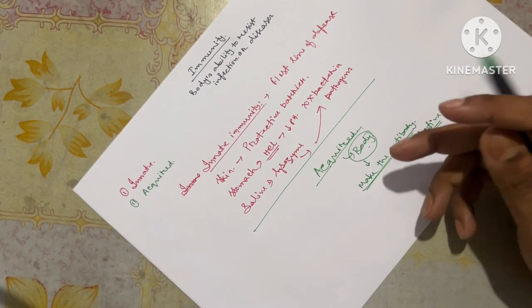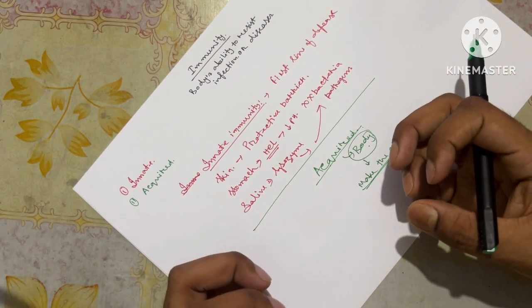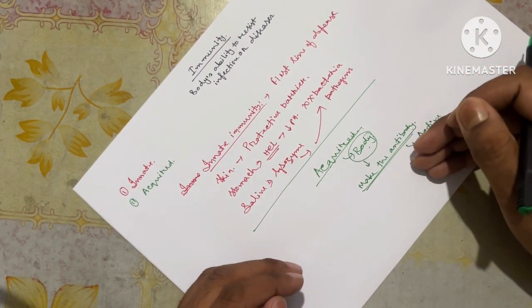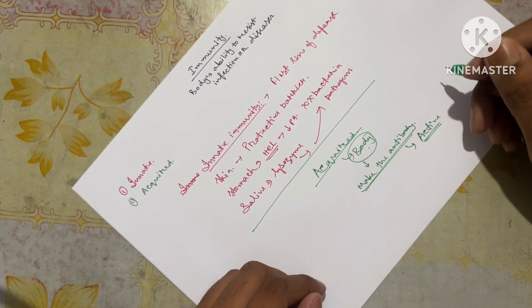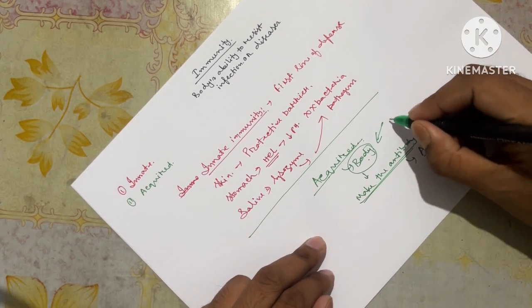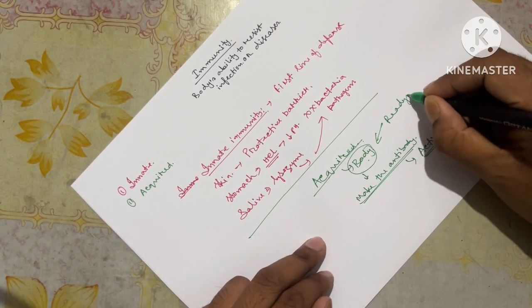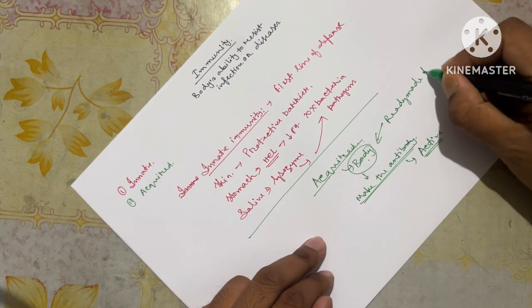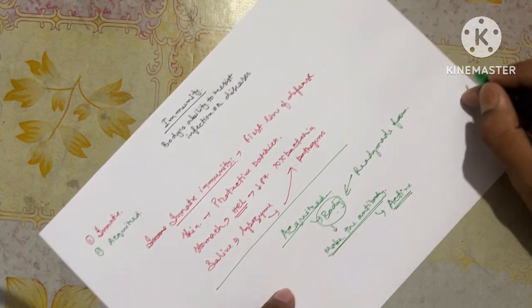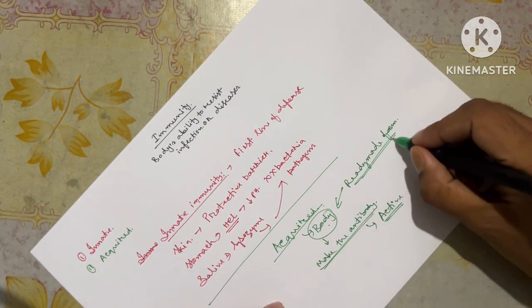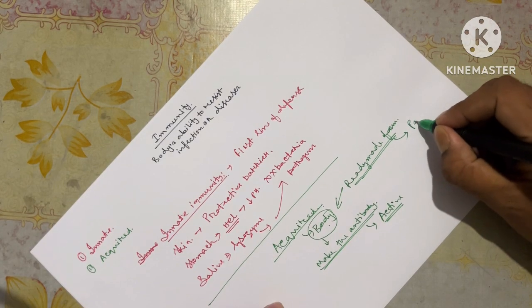Acquired means our body is getting that immunity, maybe from an active source, maybe from a passive source. If the body gets that immunity in ready-made form, if it is getting the antibodies in ready-made form, then it will be known as passive.